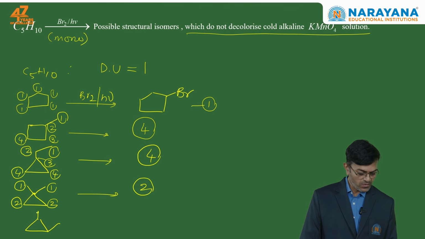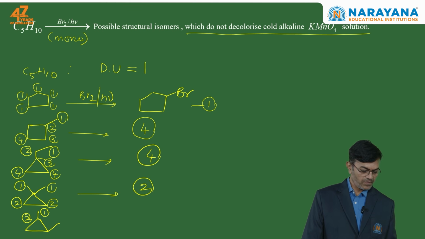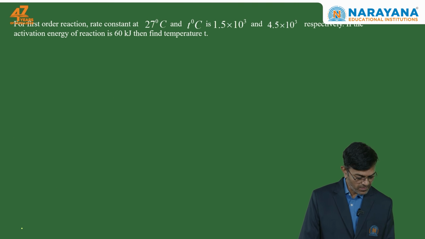And when it comes to 1,2-dimethylcyclopropane, he is not asking stereoisomers, only structural. So we are not going into the details of cis or trans. One type of hydrogen here, second type will be here, and third type will be here.